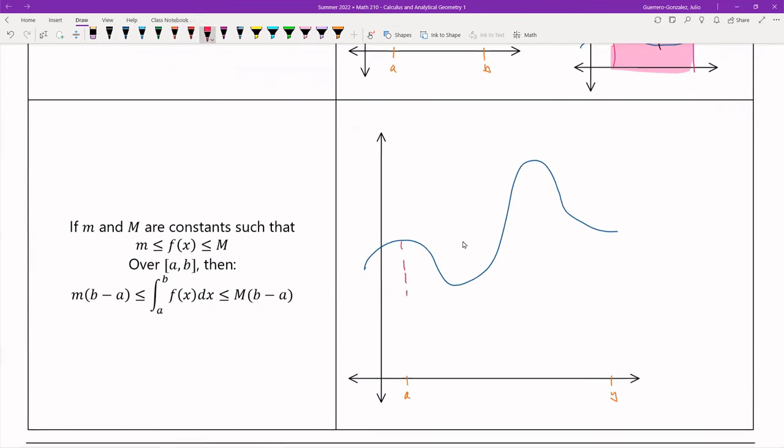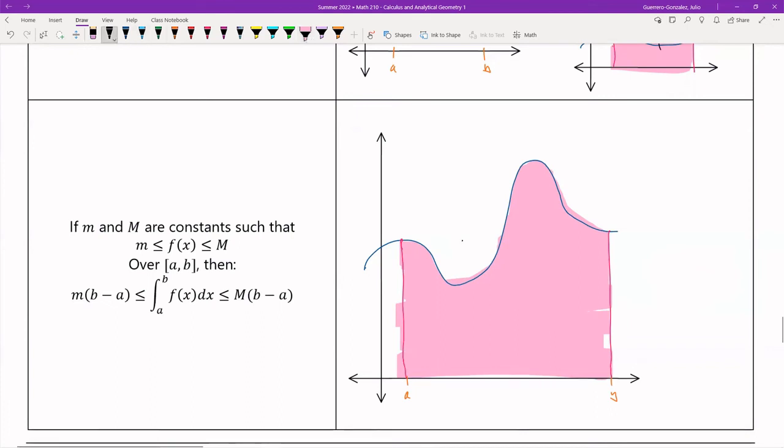This one I have to take a little bit more care in drawing. Let's say you want this area right here, all of this is what you're looking for.